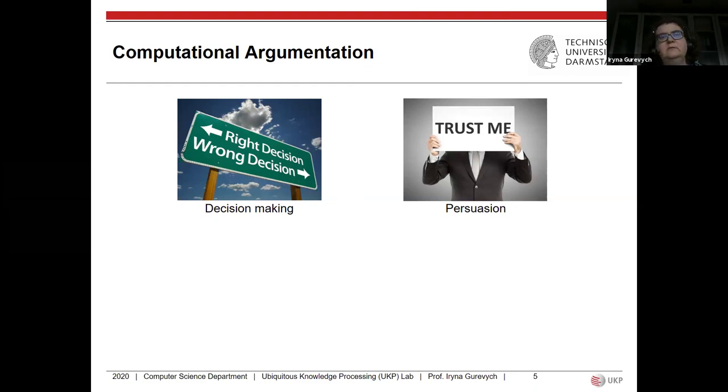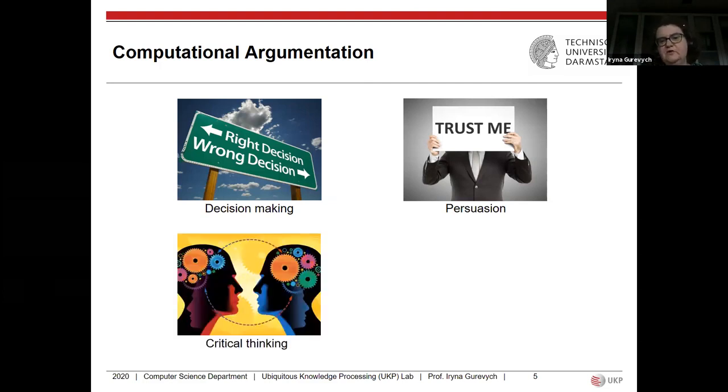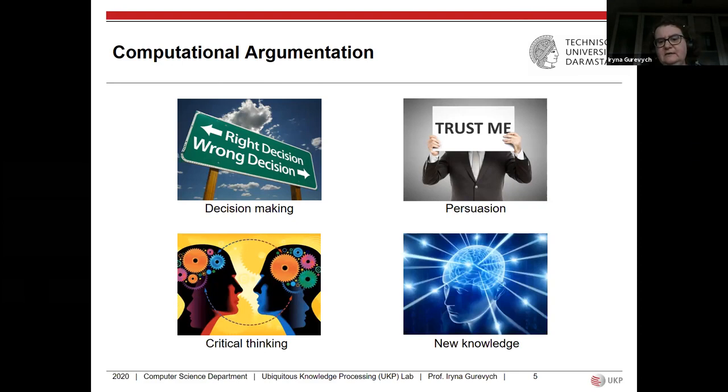For example, the doctor might be looking for arguments to convince the patient to adopt a specific pattern of behavior. It is crucial for critical thinking, which is a foundation of any democratic society. And last but not least, I've already mentioned that argumentation is the main technique to generate new knowledge, including scientific work.